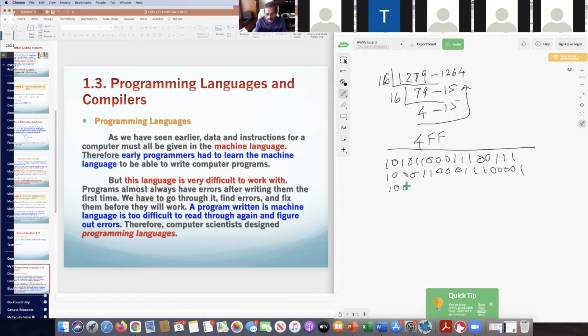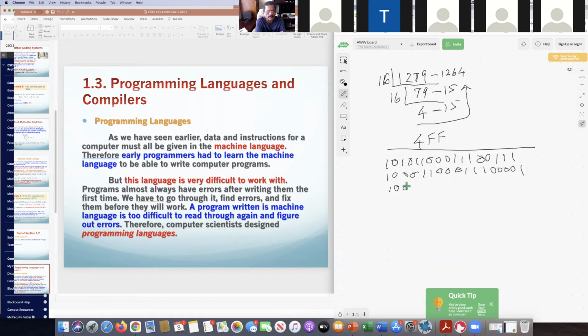Programs are never right the first time. There is always a mistake, and then you have to go back and figure out what the mistake is, correct it and rerun it. It's a long process very often. So if you have to write it in this language, it's almost impossible to figure out the mistake. So programmers were struggling to write programs in this language.